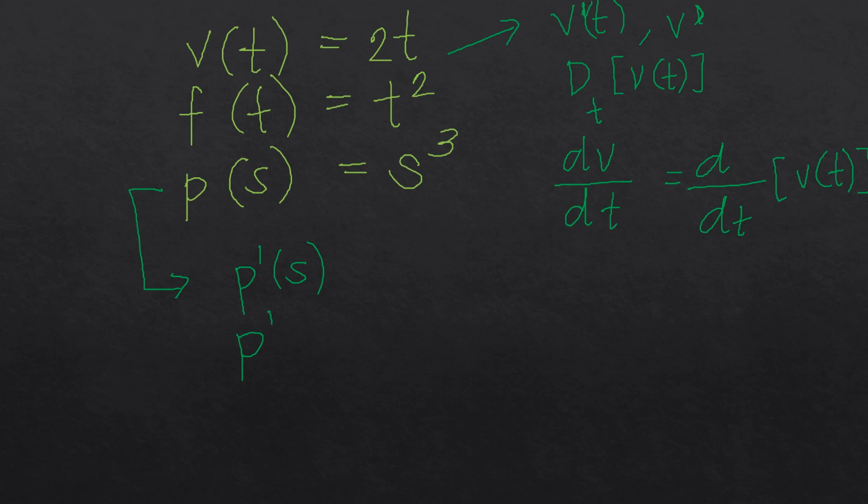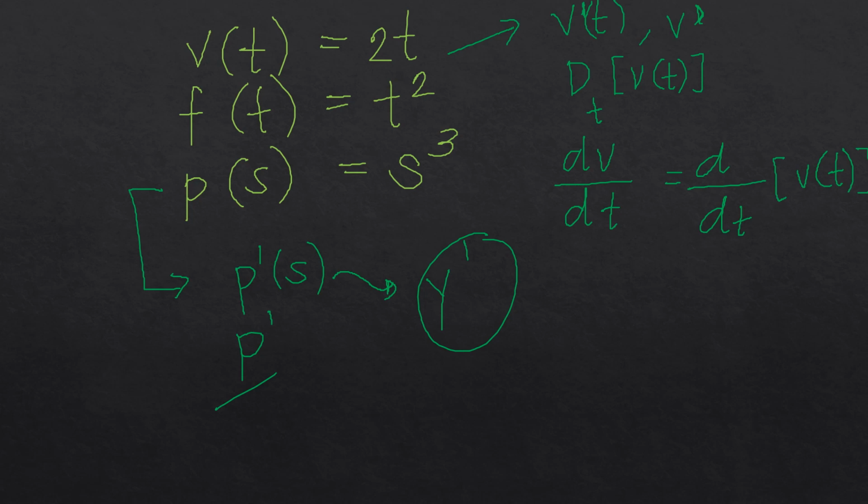You can have p prime in some cases, but v prime and p prime are not normally used. Usually they use only y prime. All functions, f of x, p of x, p of s, and others, are considered to be y, so you can have just y prime, and y prime is recommended. But for distinction, usually they can have u prime, p prime, f prime. Those are just for necessary distinctions when you are creating formulas.